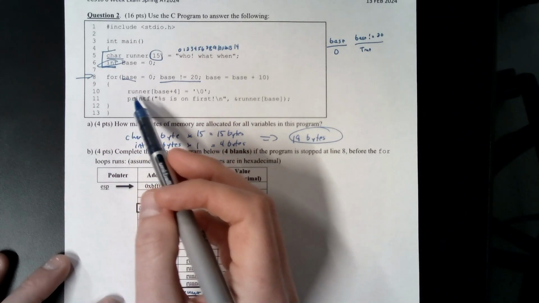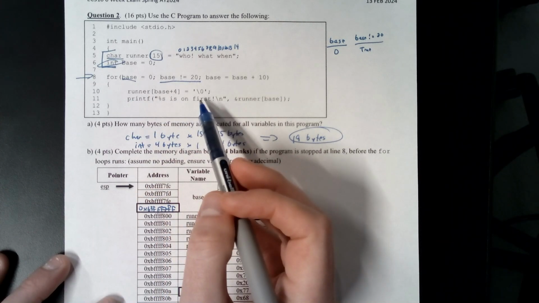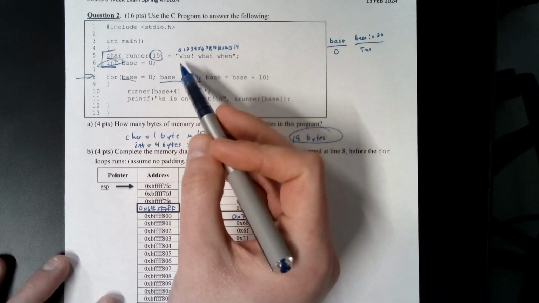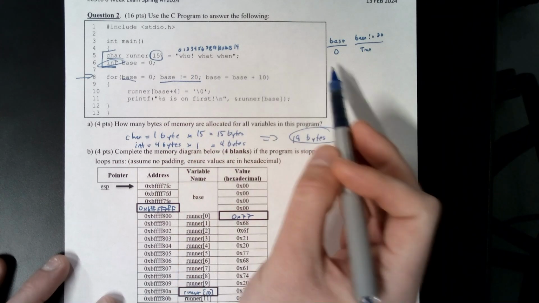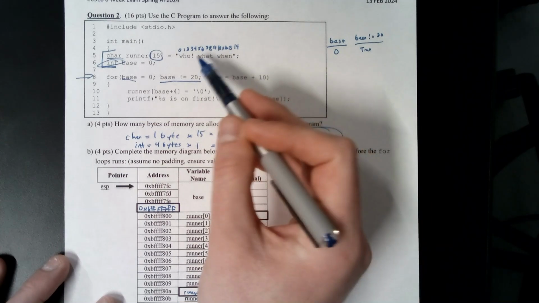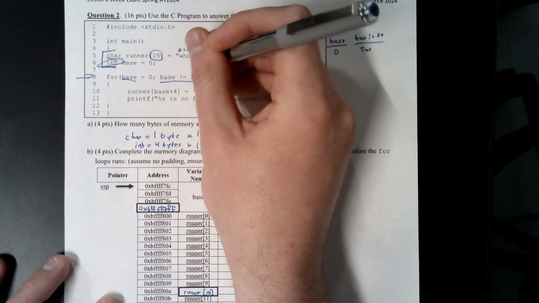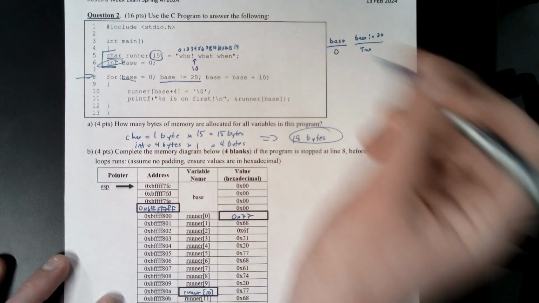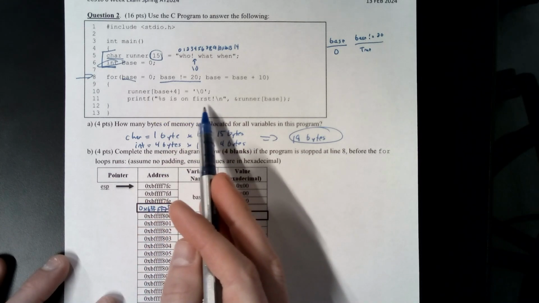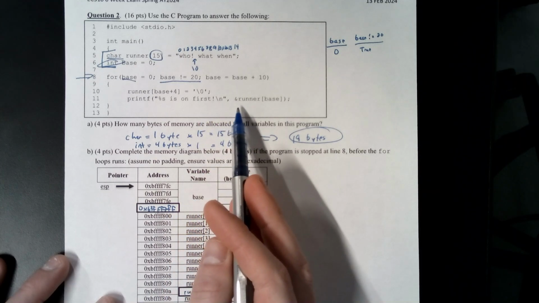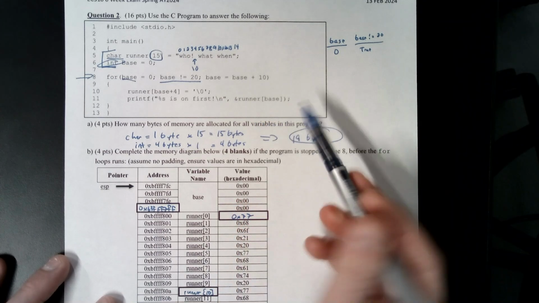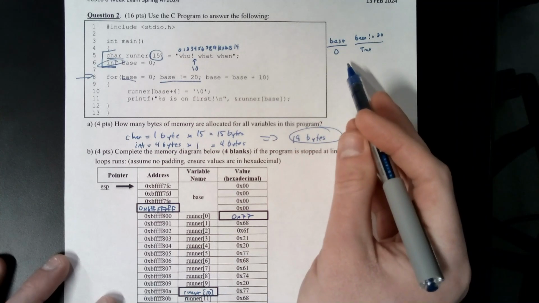We go to runner at base plus 4 and we set that to null. And so we go up into our string here and we say, okay, base plus 4, base is currently 0. So base plus 4 is 4. So we're going to set a null into that position. And then we're going to print %s is on first \n. And we're going to do ampersand runner base, and so base is currently 0, right?